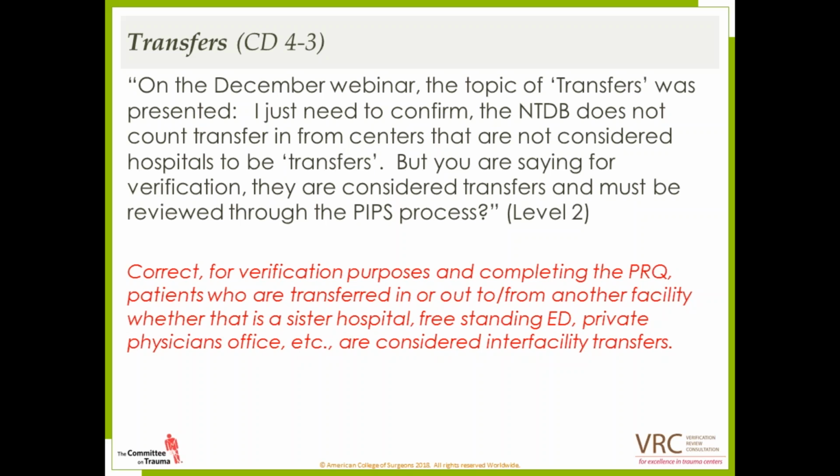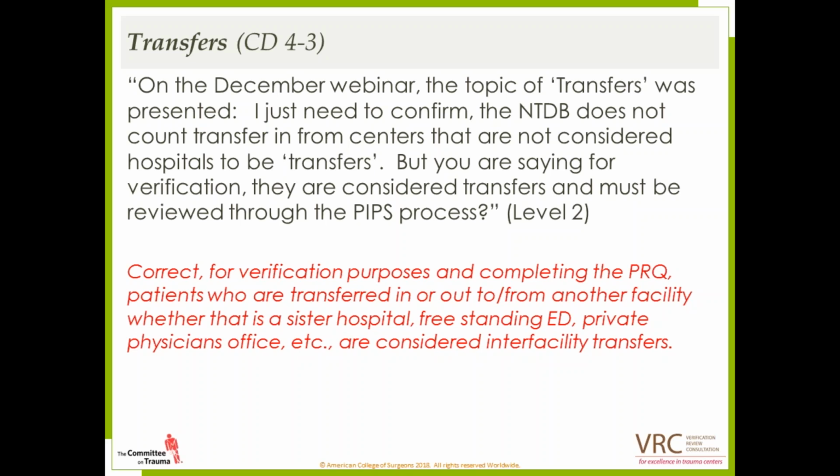So often you will see me in my slides say for verification purposes, and the reason I do that is because there are some differences in capturing data, and we are working in our revision process to consolidate that or make them uniform.